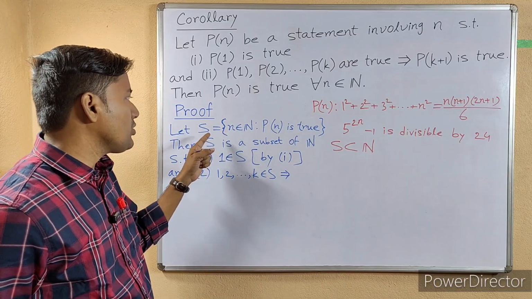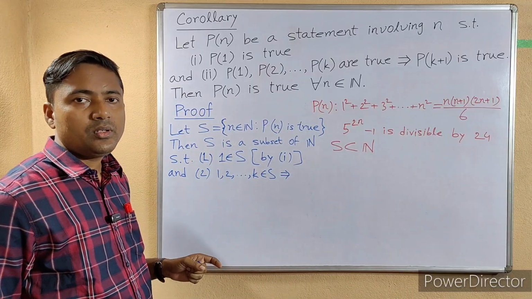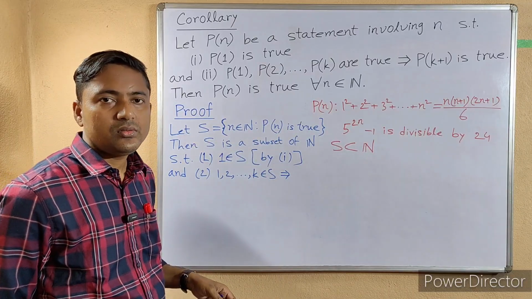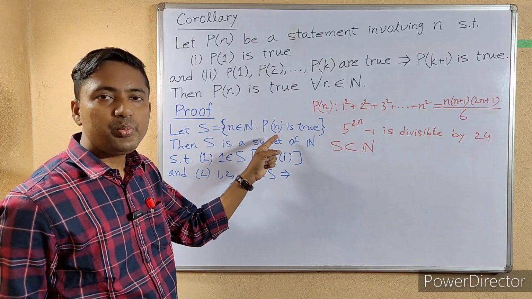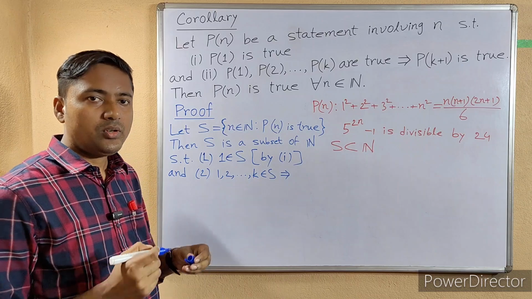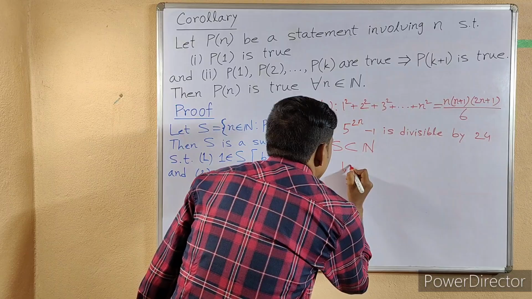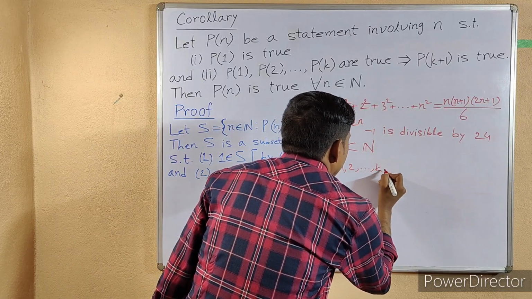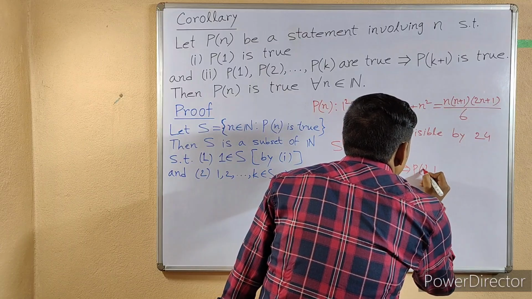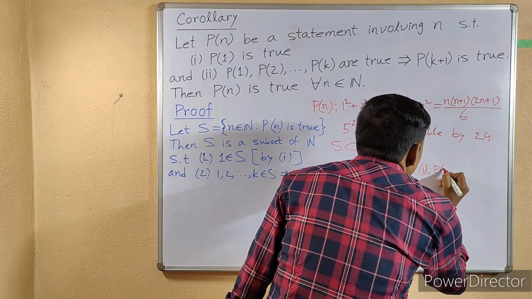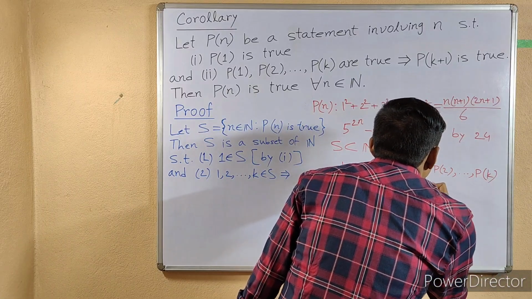From here 1 belongs to S implies P1 is true, 2 belongs to S implies P2 is true, k belongs to S implies Pk is true. So 1, 2, dot dot dot k belongs to S implies P1, P2, dot dot dot Pk are true.